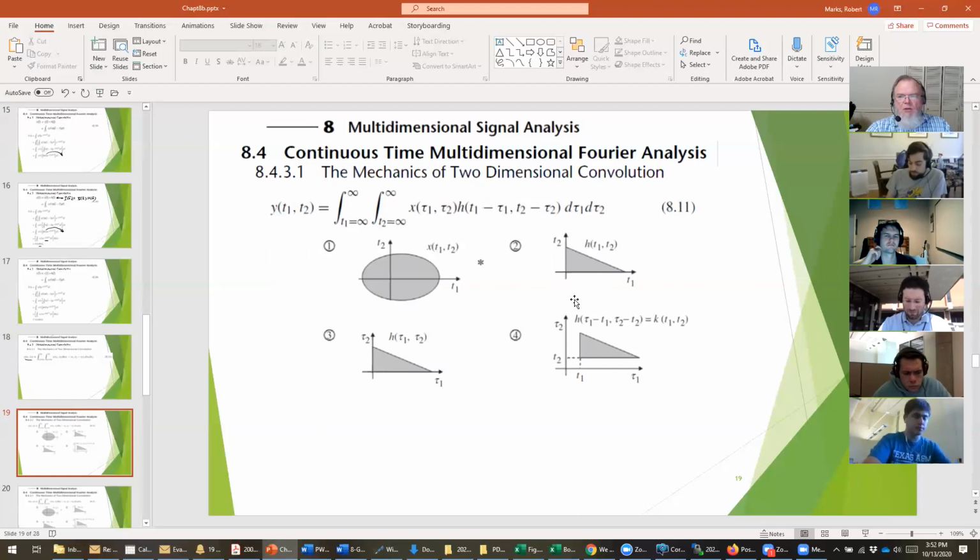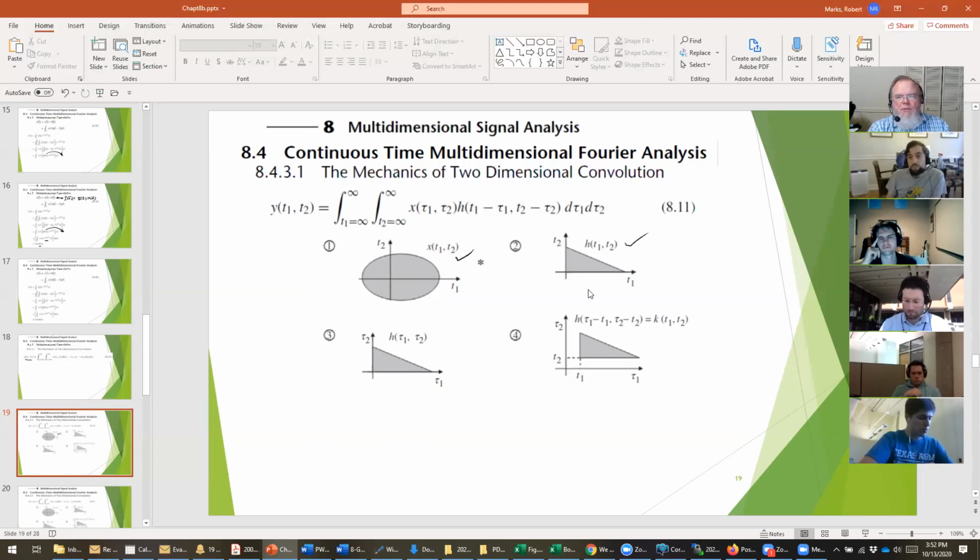Now, in order to geometrically interpret this, we're going to assume a two-dimensional function, and if you want to get technical, this function is 1 inside the shaded area and 0 outside. And so we want to perform a two-dimensional convolution of this function x with this function h.